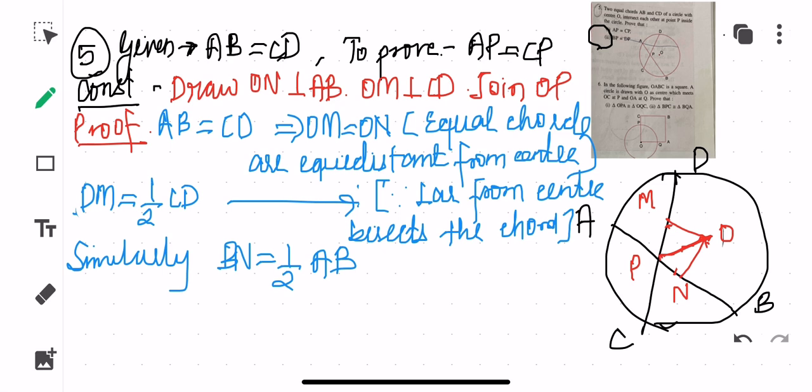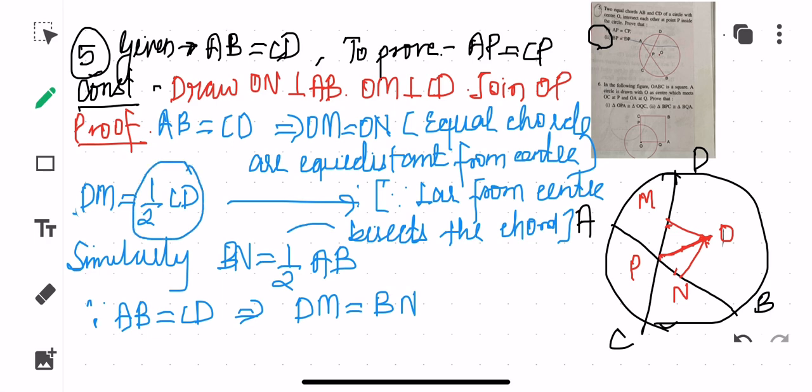Okay, and now what you will be writing, since AB is equal to CD, this implies that DM will be equal to BN. Okay, here because if you see, children, this is half of CD, this is half of AB, and both of them are equal, so DM will be equal to BN, and this you will be taking as equation number 1 because this will be used.